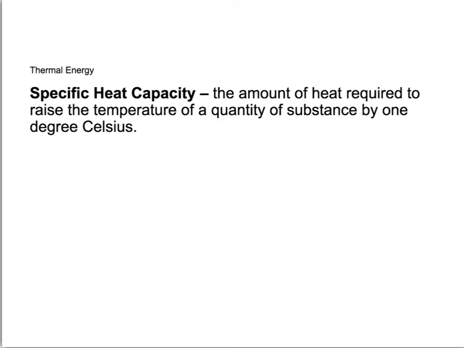Specific heat capacity is the amount of heat it takes to raise the temperature of any substance by 1 degree Celsius. Since it's the amount of energy required to raise the temperature, joules is our energy unit, so it's going to be joules per gram, because that's the mass of a substance, degree Celsius, because we're raising the temperature by 1 degree Celsius. So joule per gram degree Celsius is the unit, and different substances have different specific heat capacities.